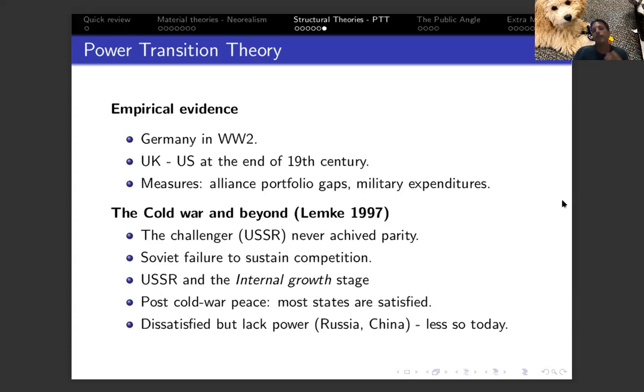But China and Russia might be dissatisfied with the international order, but at the time they didn't have enough power to challenge the structure of the international system led by the United States, which means back then, and actually all the way till today, there wasn't a war in the sense that the power transition theory has described it.